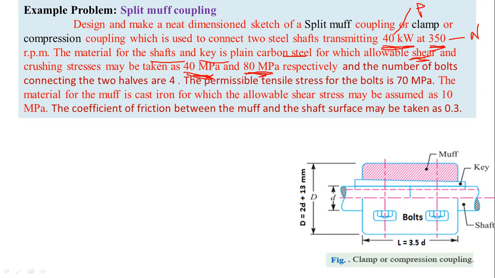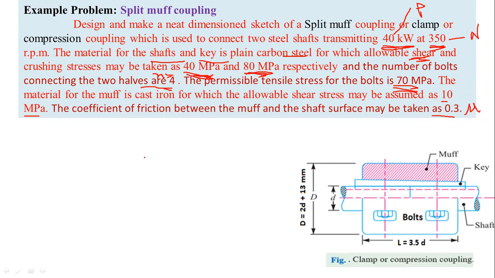The number of bolts used for the split muff coupling is n equals 4. The permissible tensile stress for bolt material is sigma t equals 70 megapascal. The material used for the coupling is cast iron, so the shear stress for cast iron is 10 megapascal, and the coefficient of friction between the muff and the shaft surface is mu equals 0.3.